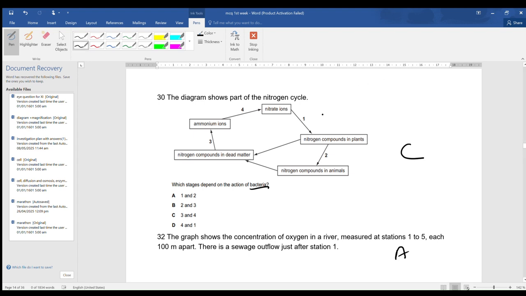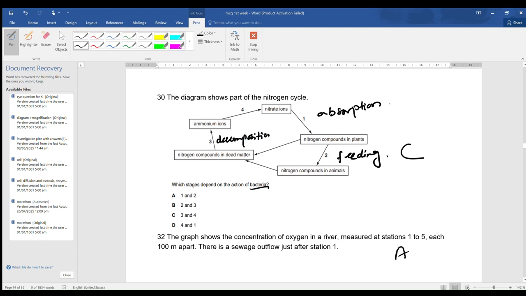We can say assimilation or absorption, because when the plant absorbs the nitrate ion, then it is converted into nitrogen compounds in plant. And then nitrogen compound in animals through feeding. When the animal feed upon the plant, then it is converted into nitrogen compounds in animal. Then what is 3? Nitrogen compound in dead matter is converted into ammonium ion. This is decomposition or putrefaction.